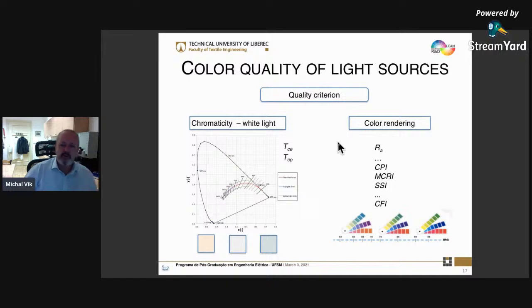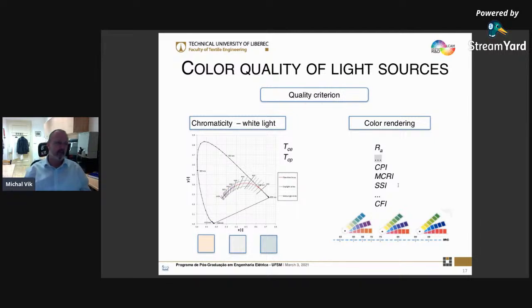I mentioned that during history a number of different rendering indices were developed. As we mentioned before, the most important is the color rendering index based on the CIE concept. Then we can discuss the color fidelity index or TM30 as a new method which was developed by IES. Besides these rendering indices, we also have indices which are based on color preferences.